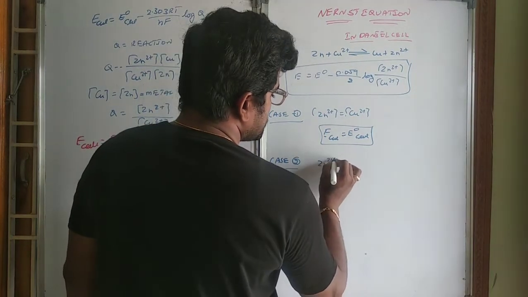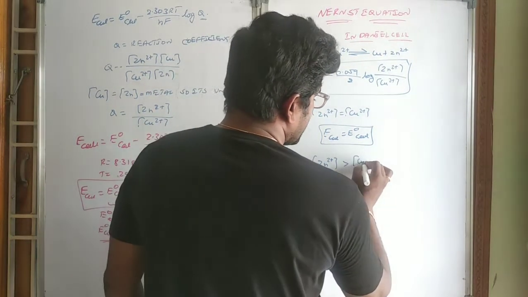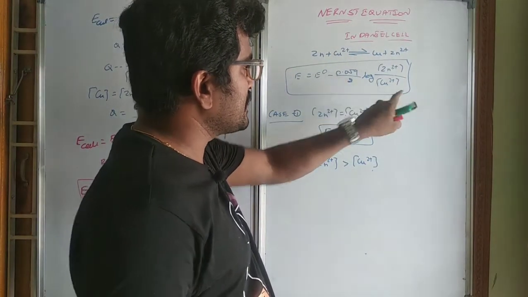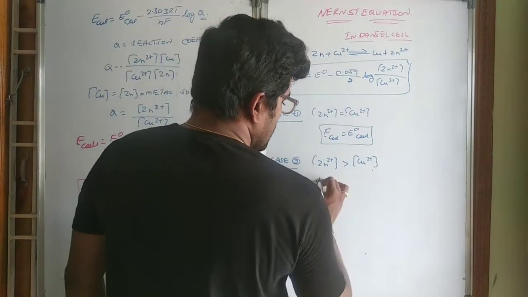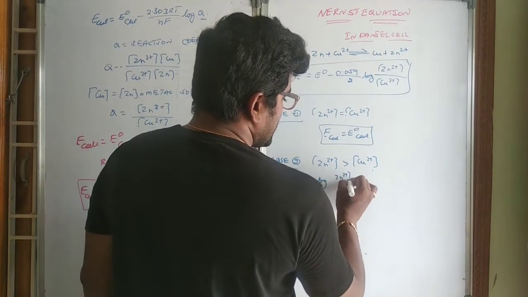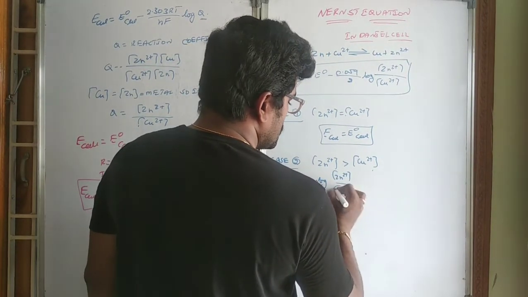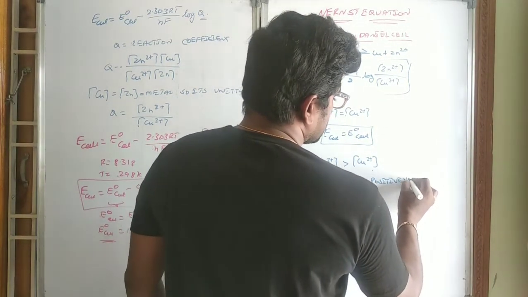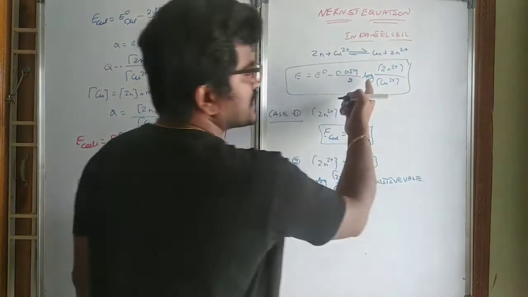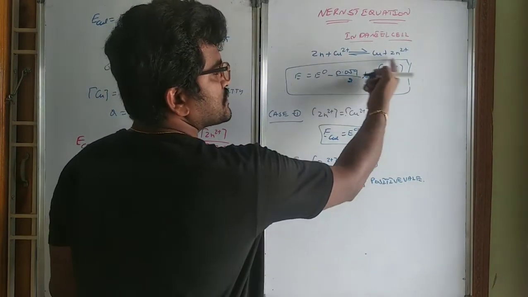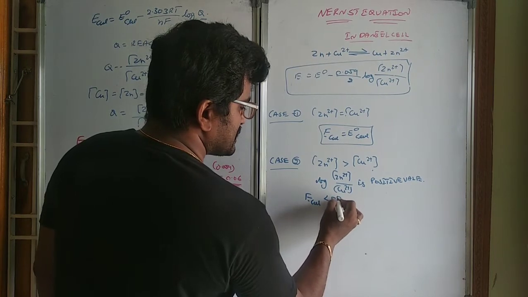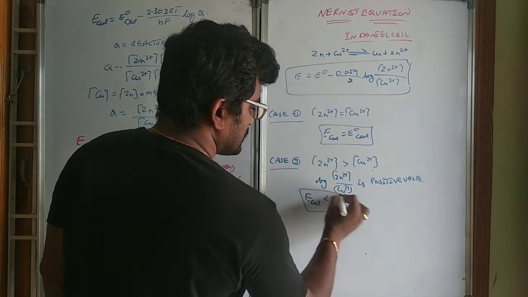If zinc concentration is greater than copper concentration, it means log Zn2+ by Cu2+ is positive value. Since it is positive value, this total becomes subtracted. So that's why E cell is less than E naught cell.